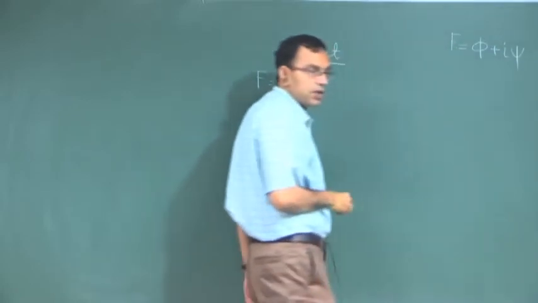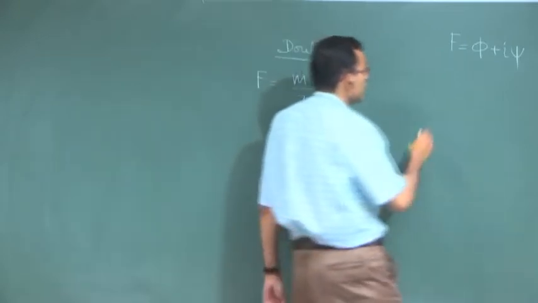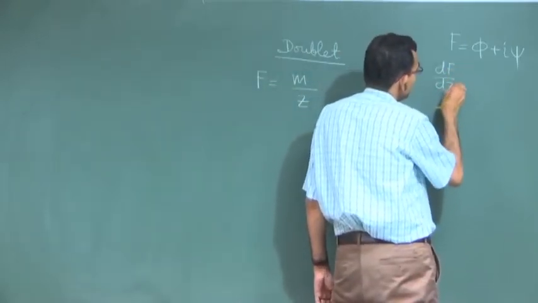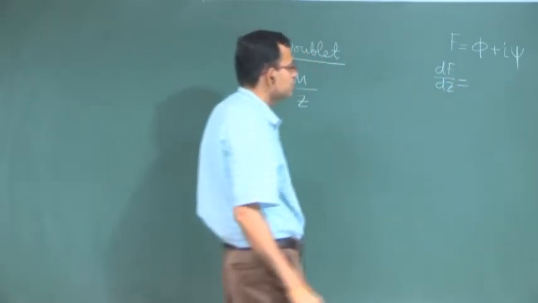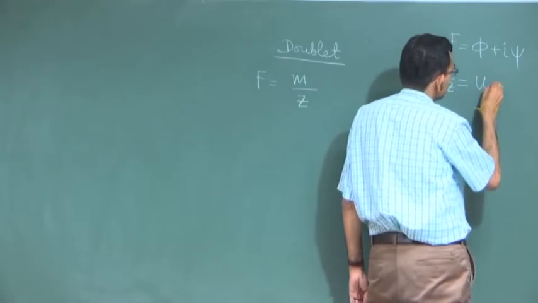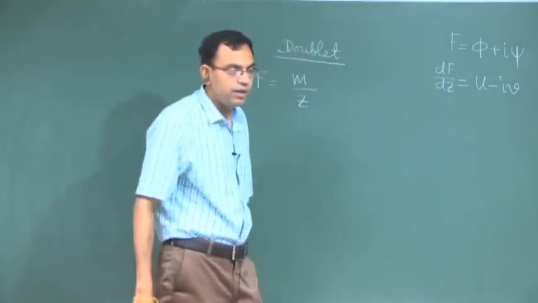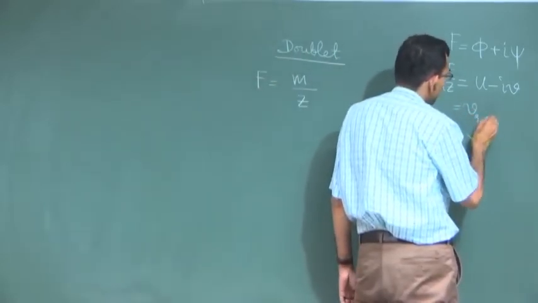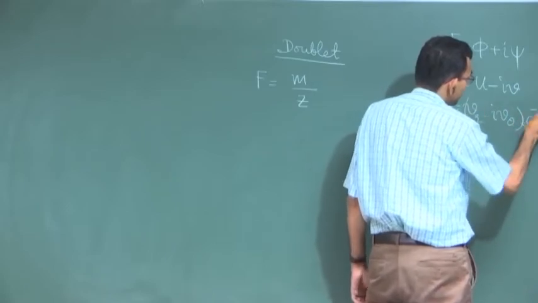So, the complex potential is defined as phi plus i psi and its derivative is u minus i v, and in r theta coordinate (v r minus i v theta) into e to the power minus i theta.